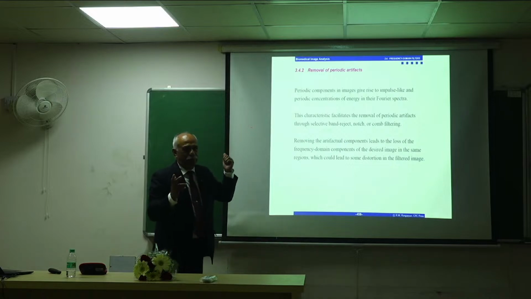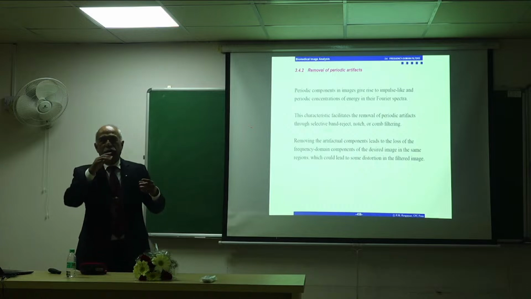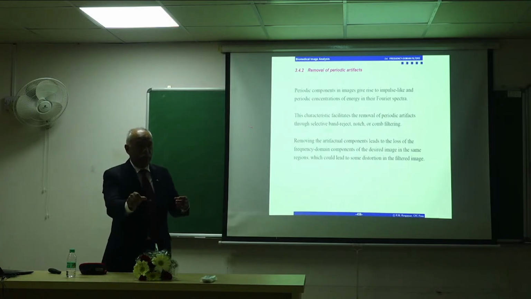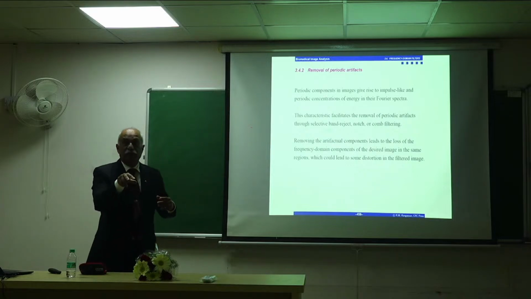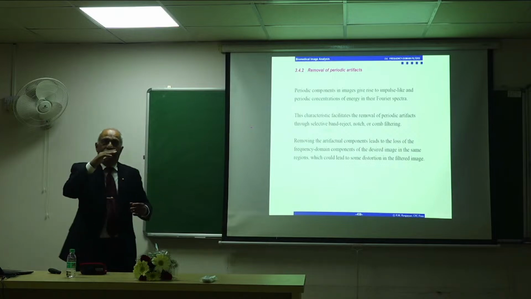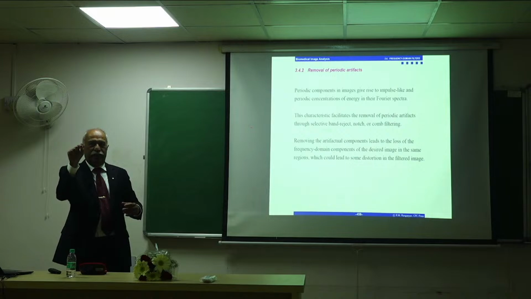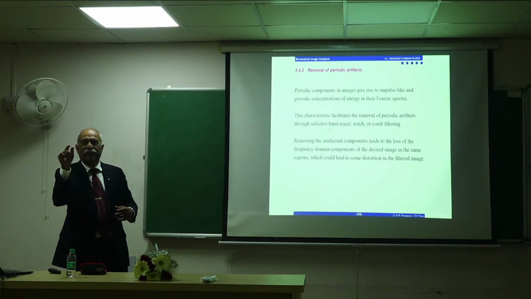How do you remove is a question. I was discussing with one of you earlier about this, and if you just use a notch filter and set those values to 0, you will have artifacts, because the original spectrum didn't have 0 there. You can assume the spectrum is continuous, and at the location of these spikes or impulses, you average and set it to some values in between that will make the spectrum smooth in that range.